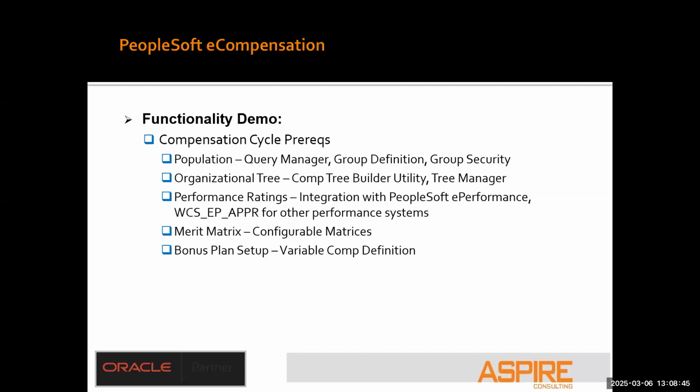We'll also be digging into compensation cycle prerequisites. So basically, what's our population? What's our organization? Are we needing to include performance ratings in this cycle? And if so, where are we going to get those from? Leveraging a merit matrix, which utilizes PeopleSoft's configurable matrices capabilities, we'll take a look at that.